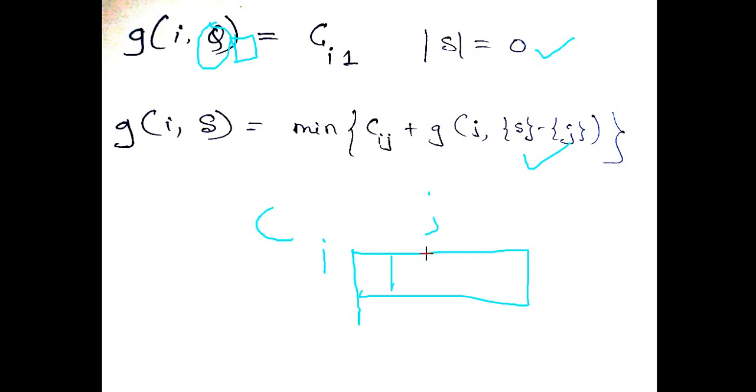Cost in the sense two values, I and j. Obviously I represents rows, j represents columns. Now g of I value means 1, 2, 3, 4. What are these 1, 2, 3, 4? These all are cities, or we can call vertices or nodes.